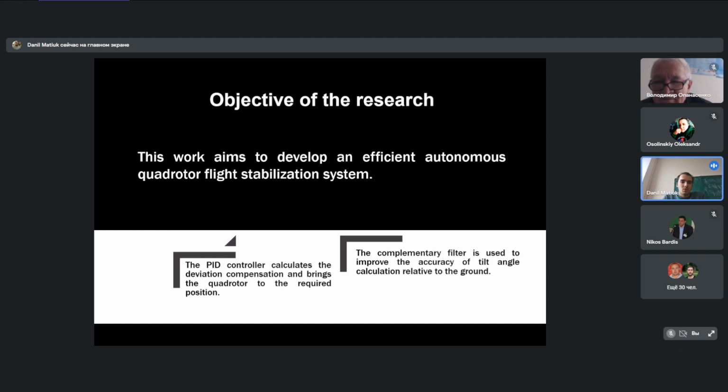The PID controller calculates the deviation compensation and brings the quadrotor to the required position. The complementary filter is used to improve the accelerometer tilt angle calculation relative to the ground. Our next slide includes the results of solving the subtasks: the design of the flight stabilization system based on the complementary filter algorithm and PID controller, the experimental configuration of the quadrotor, and testing results.